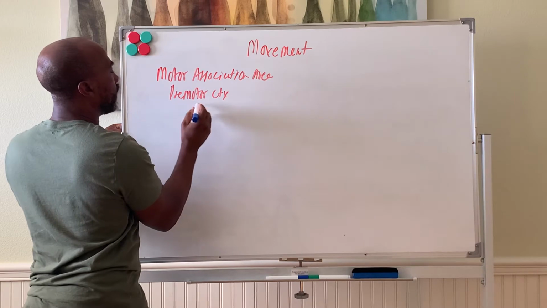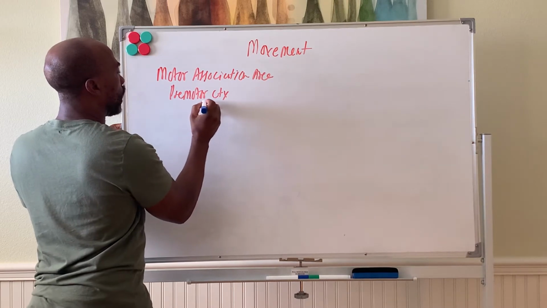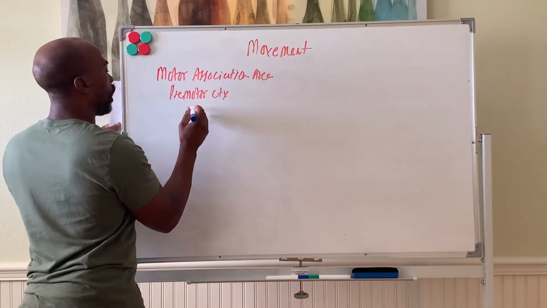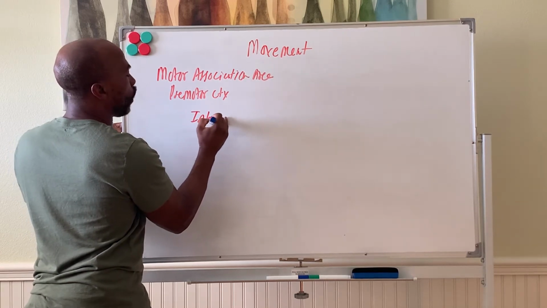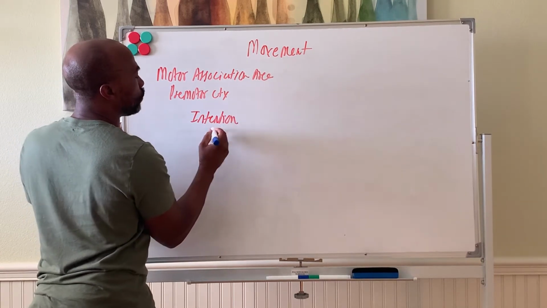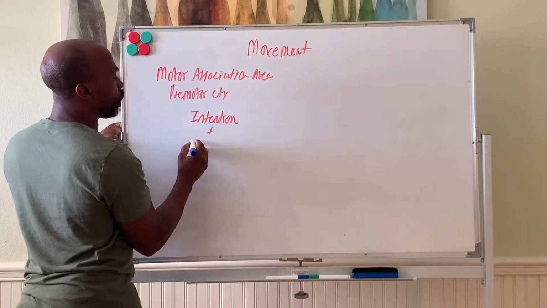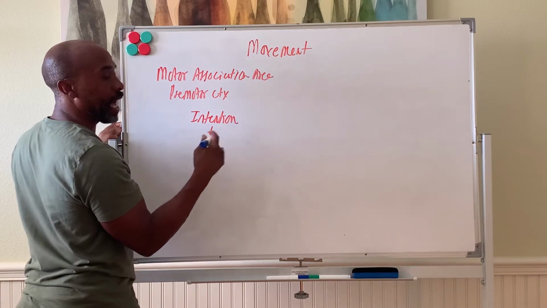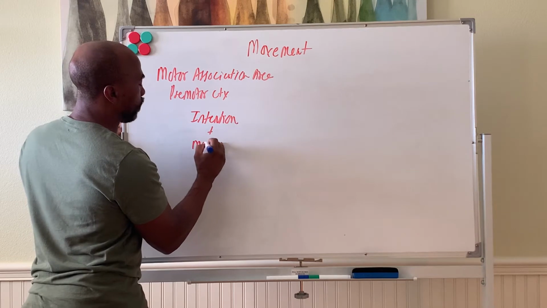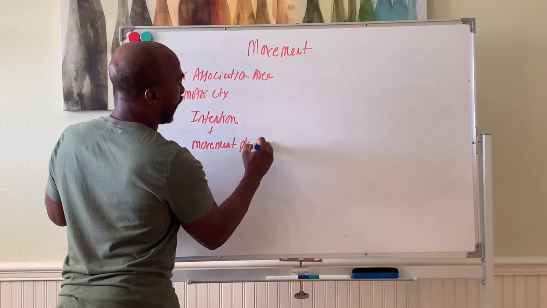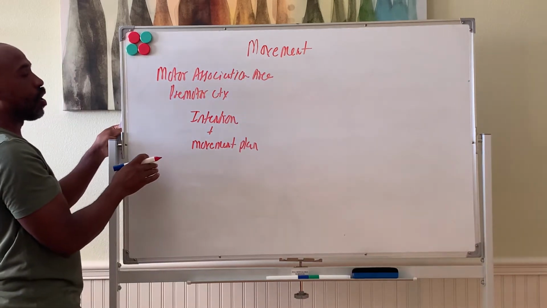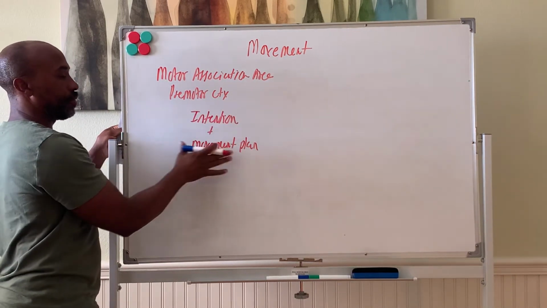This area is where you will have intentions. The intentions are the motivation to move, and also where you will create the plan of how to move. So your movement plan. Both intentions and the blueprint of how to move are done here.